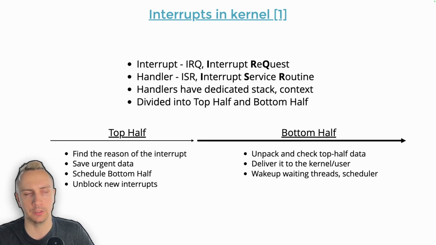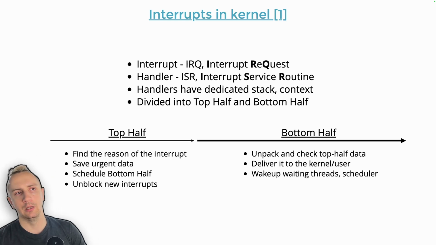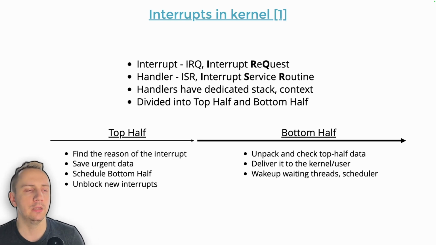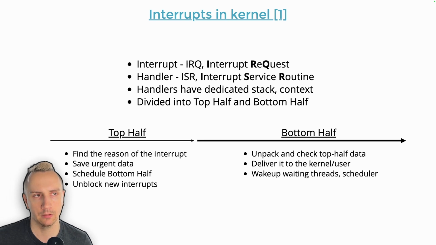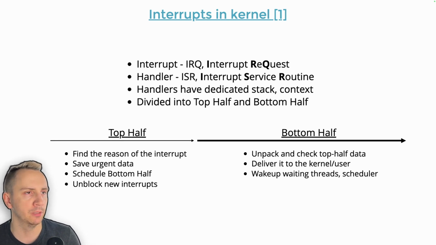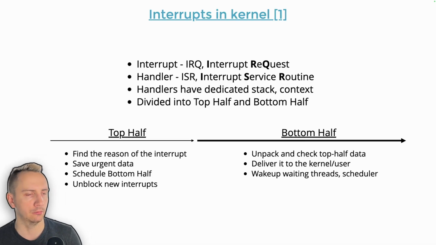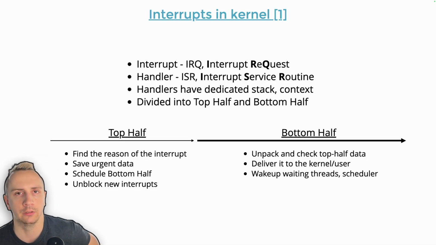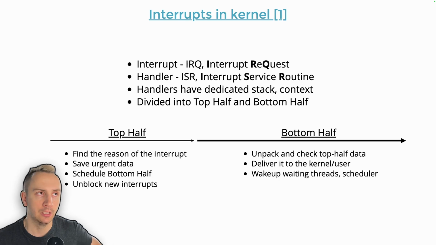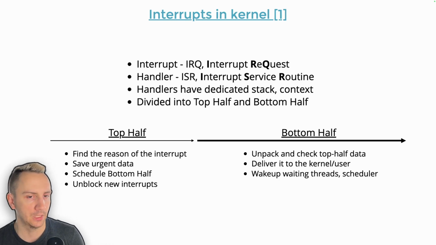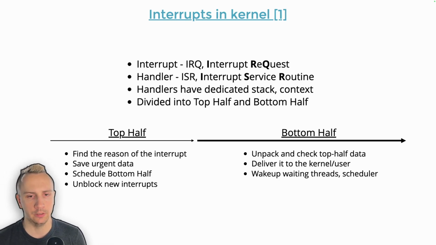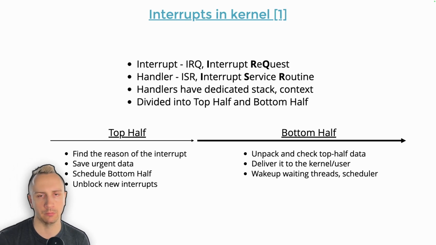For instance, if we speak about networking, the top half could say, in some global context, that this device saved the memory of the network packet somewhere in the main memory, it's already saved. And then we will schedule handling of this thing in some sort of thread pool. Then the top half returns and new interrupts are being processed.